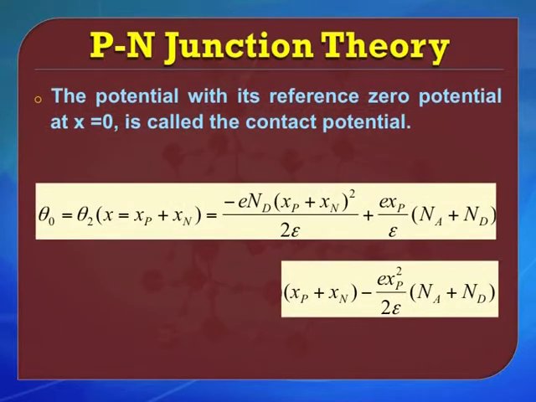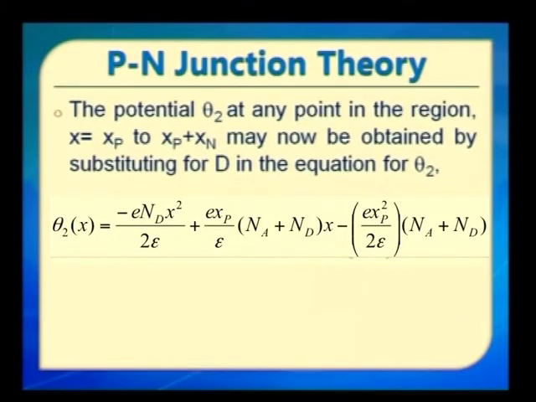After substitution for d, you have an expression of this kind, where the potential theta 2 as a function of x will be equal to minus E times Nd x square by 2 epsilon plus E into xp by epsilon into Na plus Nd into x minus E into xp square by 2 epsilon into Na plus Nd.